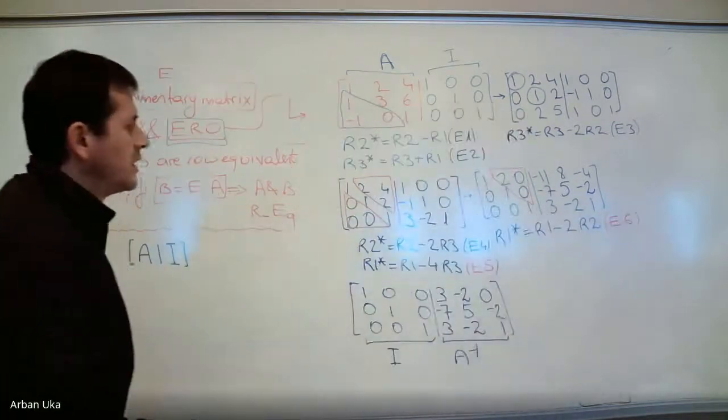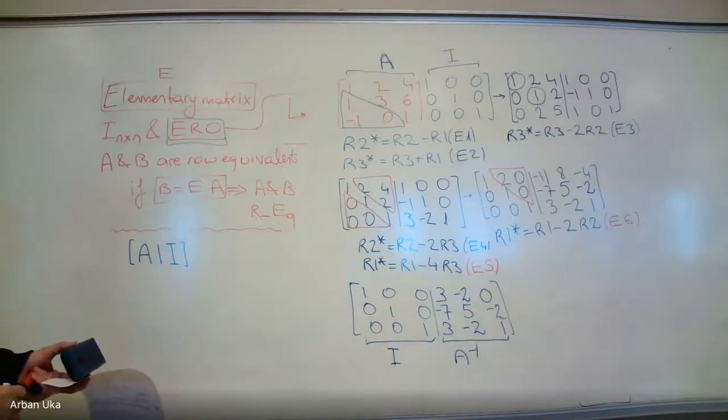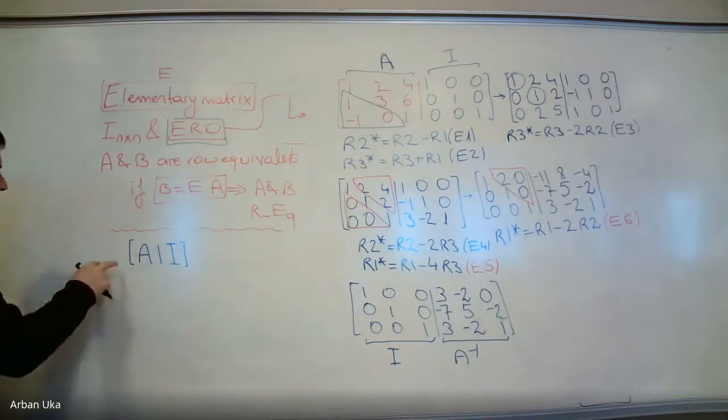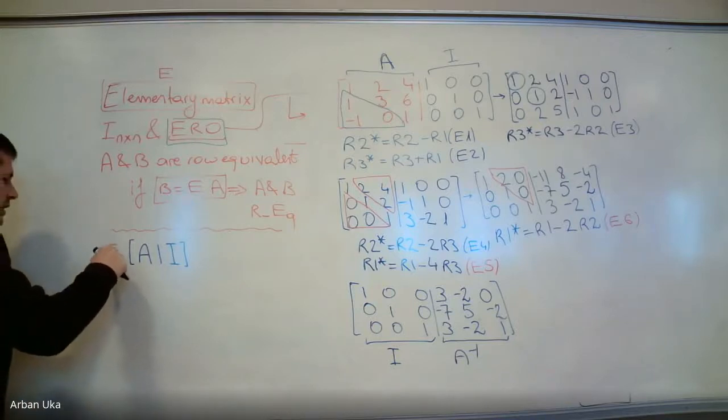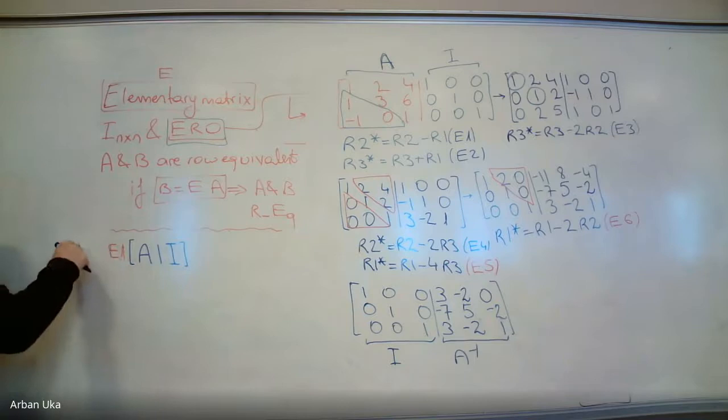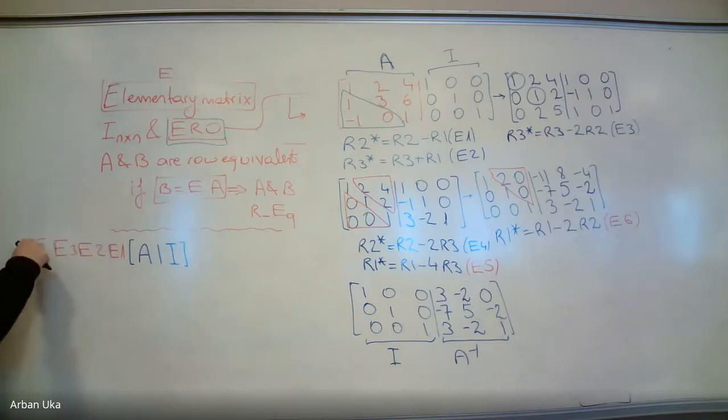And finally, we get the following. So now, how can we write down the overall operator here? I think we started with E1, then E2, then E3, E4, E5, and E6.